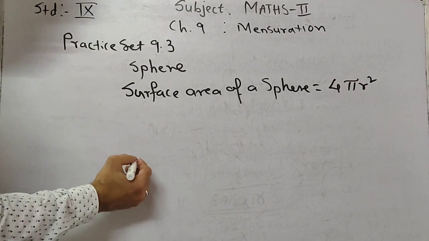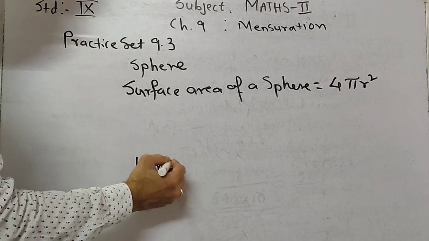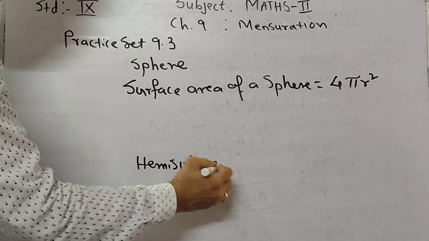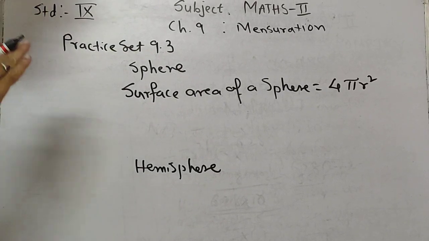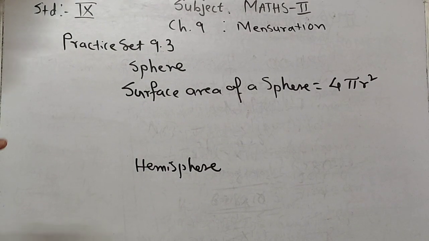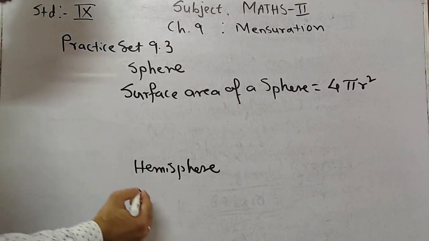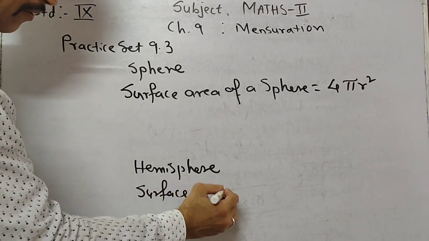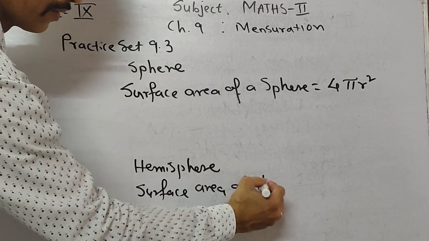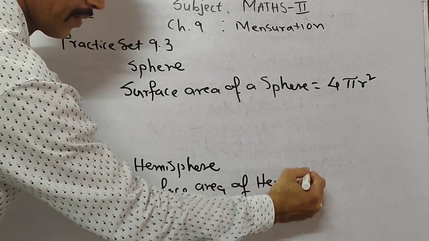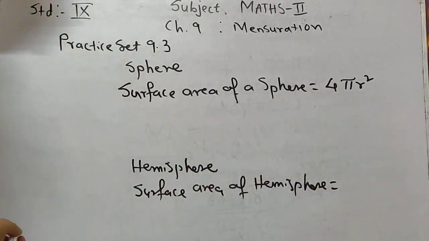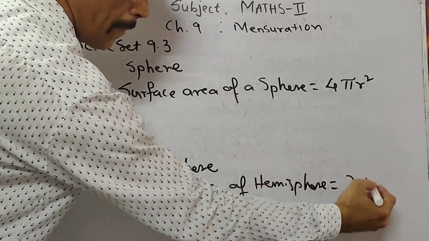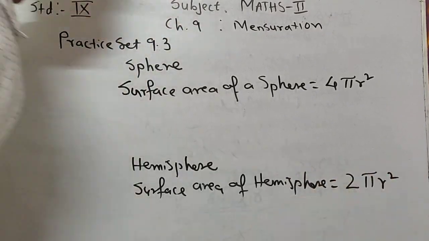For a hemisphere, which means half sphere, the surface area of a hemisphere will be 2 pi r square.